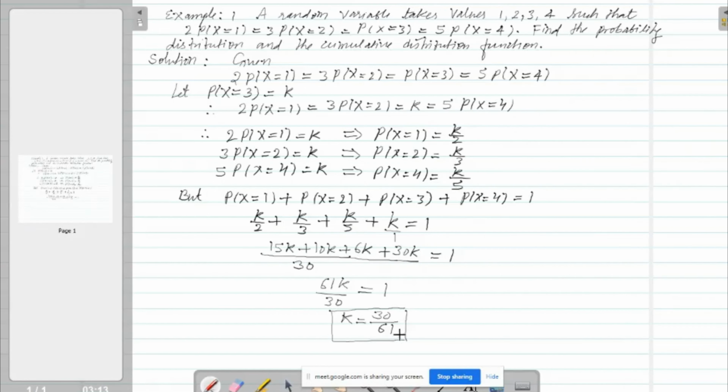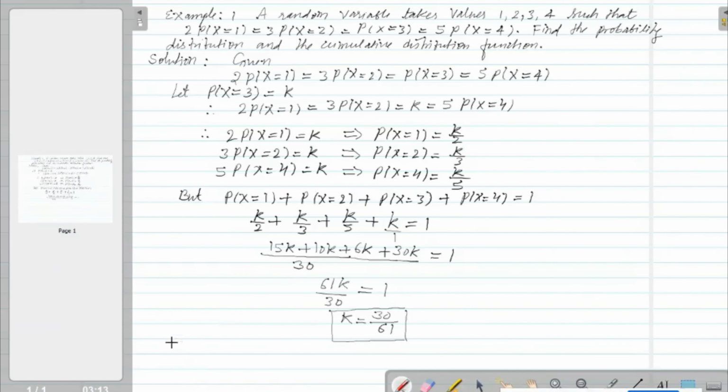ओके, नाउ सब्स्टिट्यूट कर दो सबकी वैल्यू, k की वैल्यू यहाँ पे सब्स्टिट्यूट कर दो. Therefore p of x equal to 1 is how much?